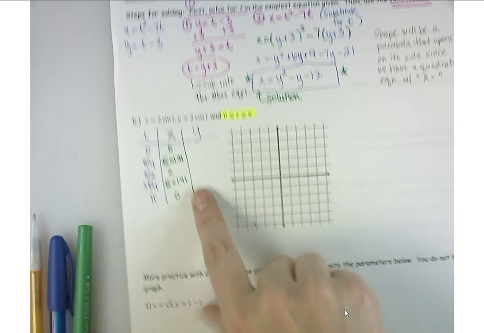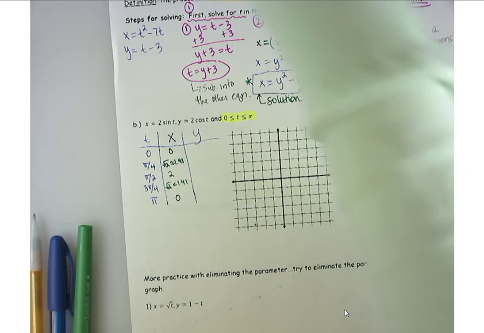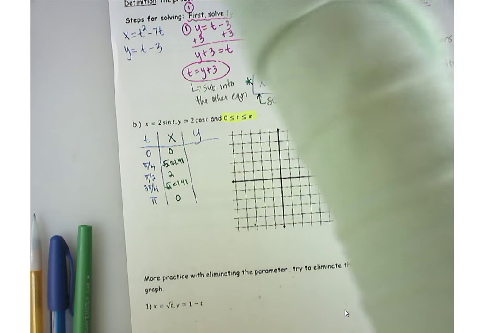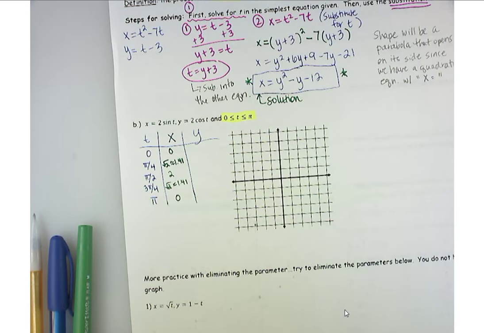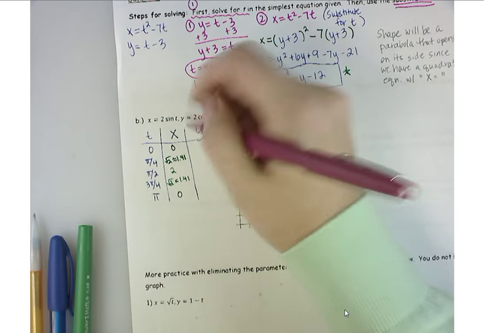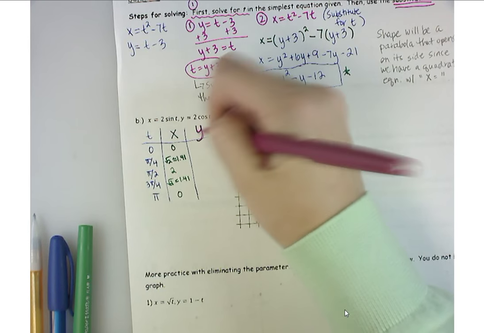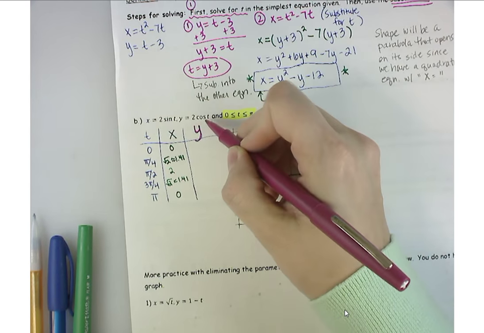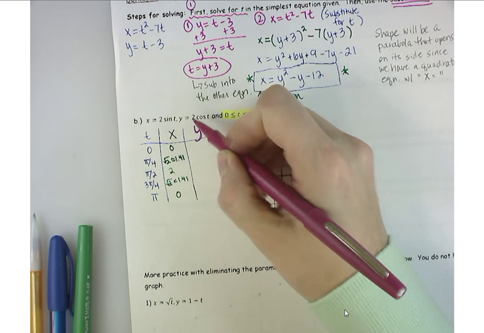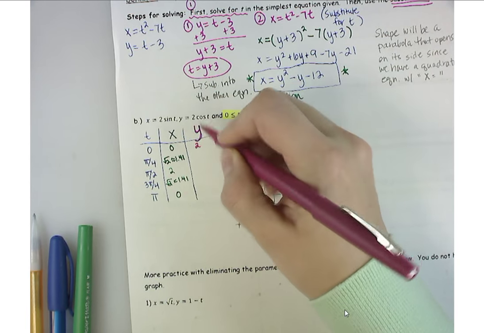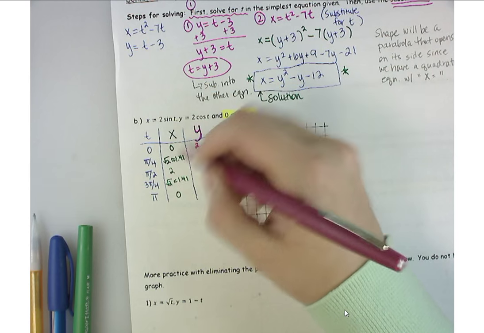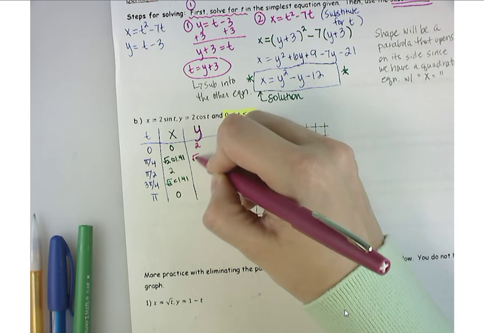Okay, and then for your y, if you plug in 0 for cosine, what's the cosine at 0? 1. 1 times 2 is 2. The cosine and the sine are the same at pi over 4, so this is going to be the same.